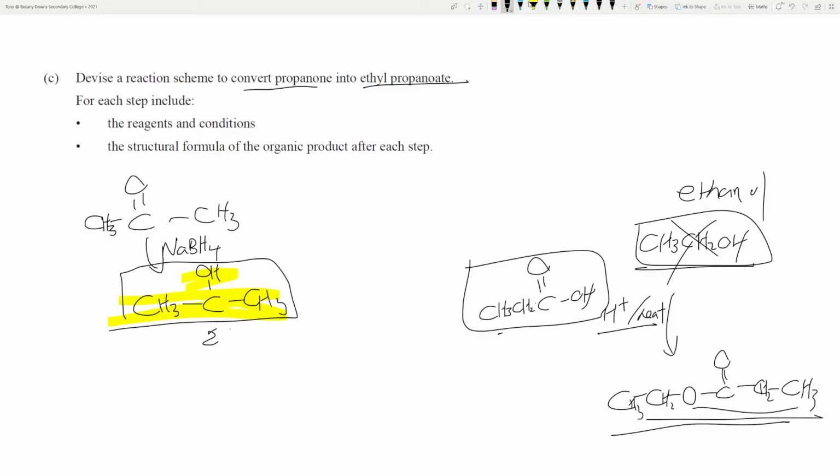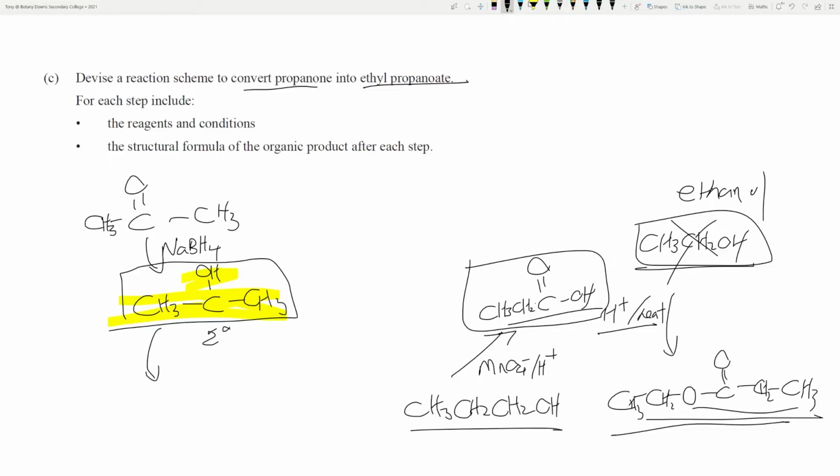So this is a primary alcohol. If I can somehow turn this secondary alcohol into a primary alcohol, because in order to make the propanoic acid, I need propan-1-ol. But I don't have propan-1-ol, I have propan-2-ol.